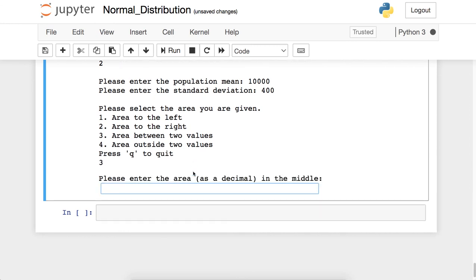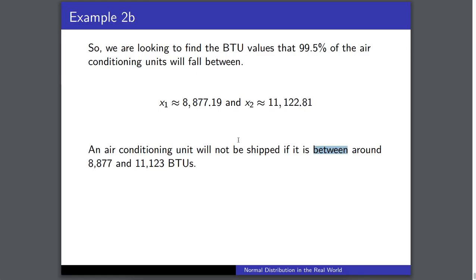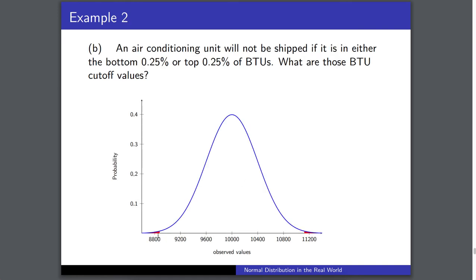We said 99.5% were between, and 99.5% as a decimal is 0.995. And notice we get the exact same values. So these are our cutoff values again, which means anything above 11,122 or below 8,877 is not going to get shipped.